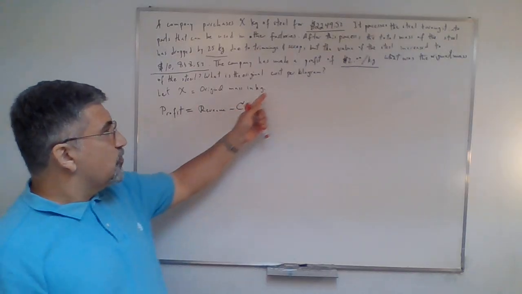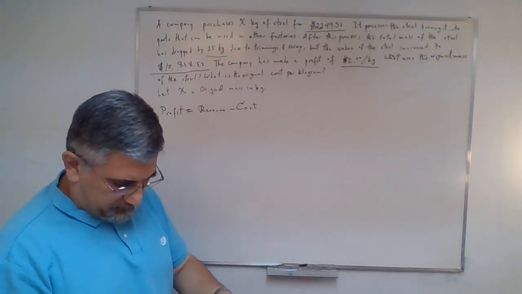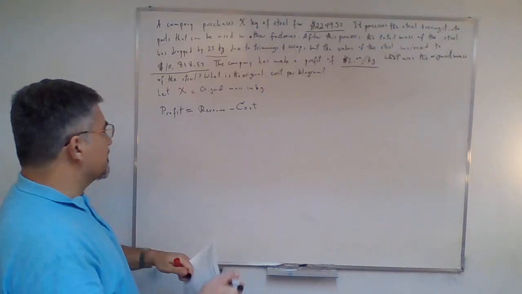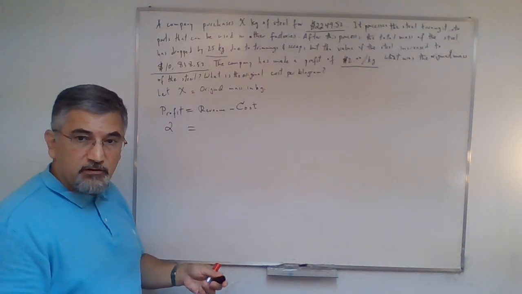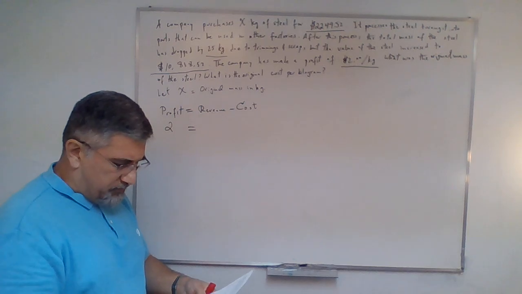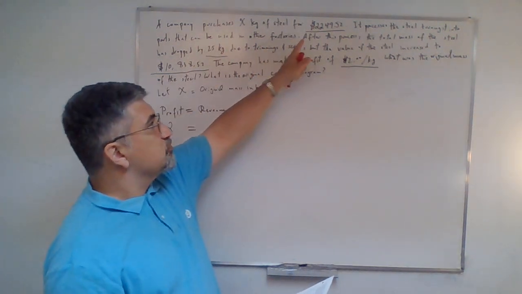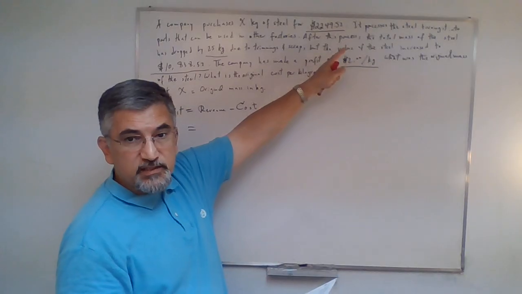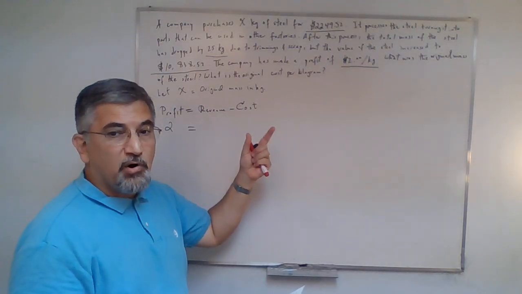So here we do know the profit. The question says the profit is $2 per kilogram. So we can write $2 per kilogram for the profit, but then the cost, the purchasing price, was $2,249.52, and how much steel did they buy?